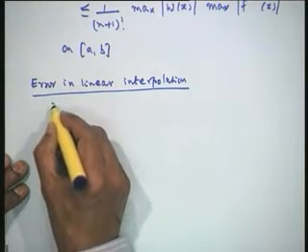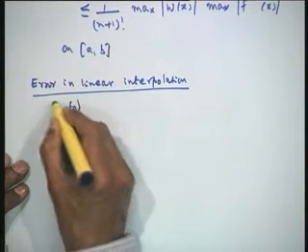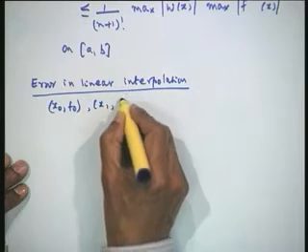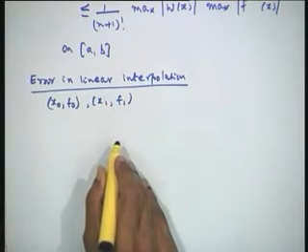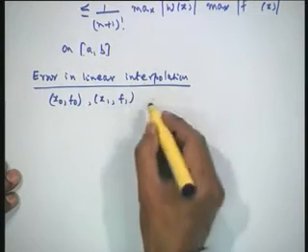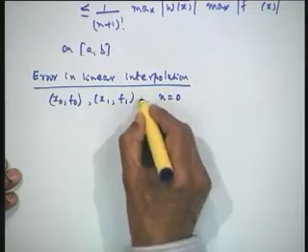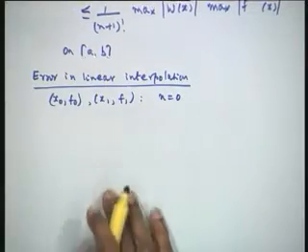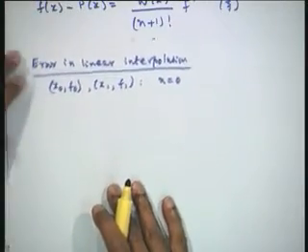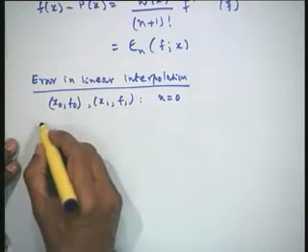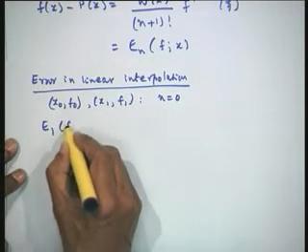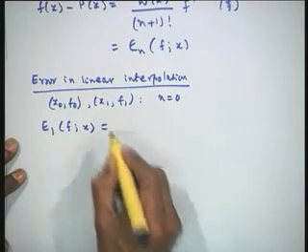Therefore we are having only 2 points, x0 f0 and x1 f1, these are the only 2 points that we have here, and therefore here the case n is equal to 0 corresponds to the case n is equal to 0. Therefore I can write down E1 from here.